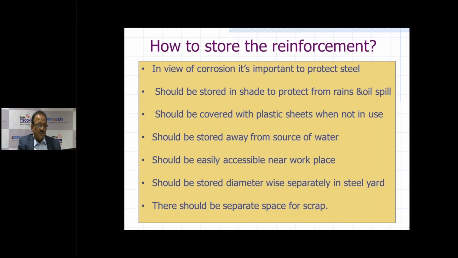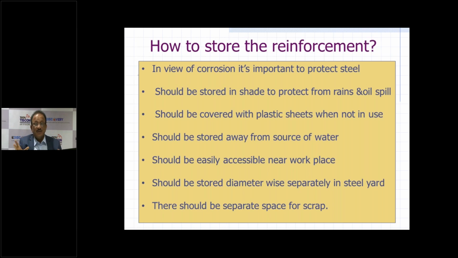Then it should be stored diameter wise separately in the steel yard. You can't mess up different diameter bars together. You can't mix them up. So if it is 6 bar, 10 bar, 12 bar, 16 bar, 20 bar, 25 bar, 32 bar, 40 dia bar, all these bars have to be stored separately in the steel yard, and there should be separate space for the scrap.